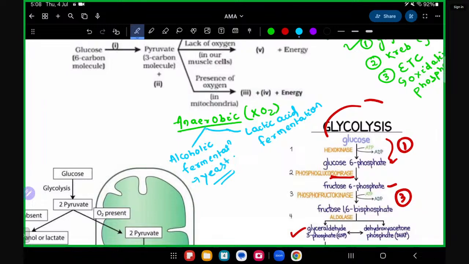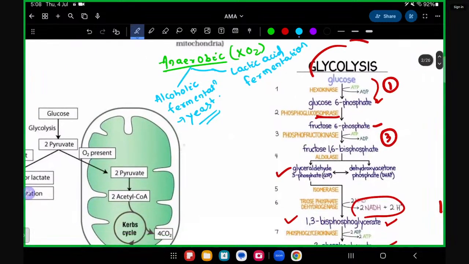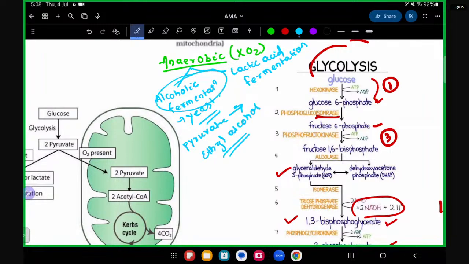Then the pyruvate is converted to what? Ethyl alcohol.